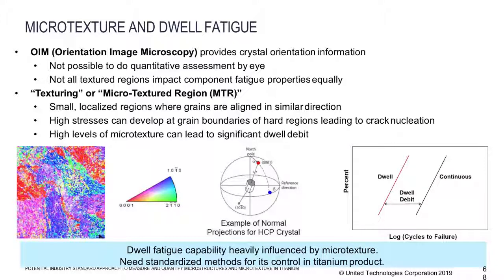The magnitude of dwell shift for 6-4 is going to be maybe 2 to 5 to 10x. It's been reported for 6242, another dwell sensitive alloy, to be up to 20x depending on the level of microtexture in your parts. So it's a significant problem if you're designing to LCF and you now have a 10x shift. That can be very significant as far as the lifing of the parts.